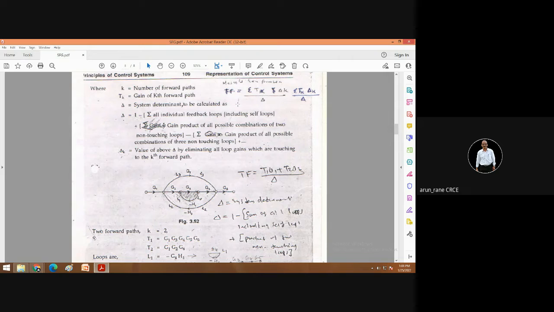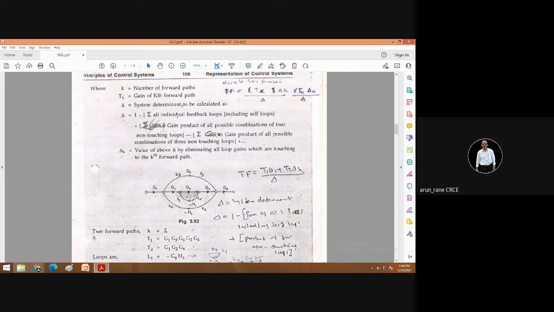So now Tk is nothing but the gain of the kth forward path. Suppose if I write T1, that will be the gain of the first forward path. If it is T2, it will be the gain of the second forward path.